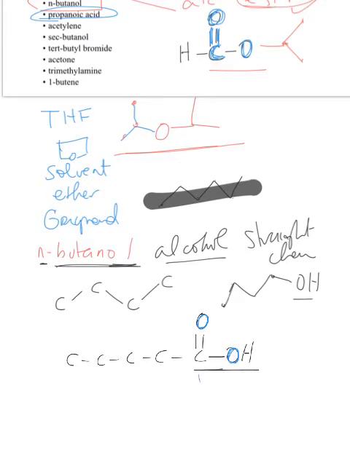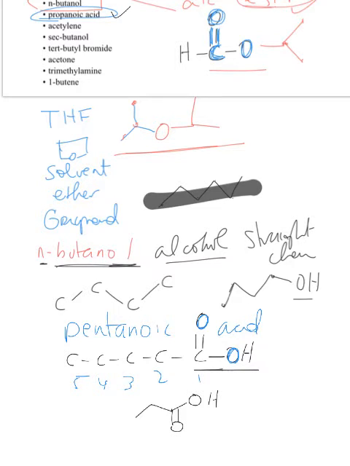I'm sorry, I just drew pentanoic acid. Okay, so propanoic acid would be 1, 2, 3, which would be propanoic acid.